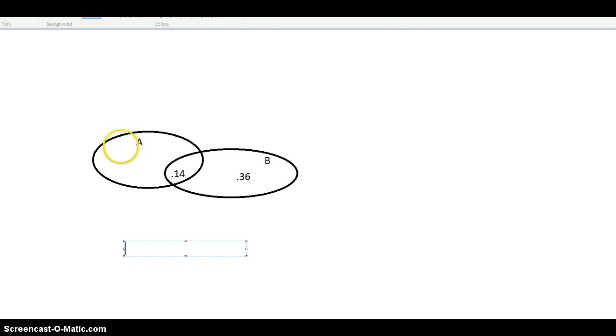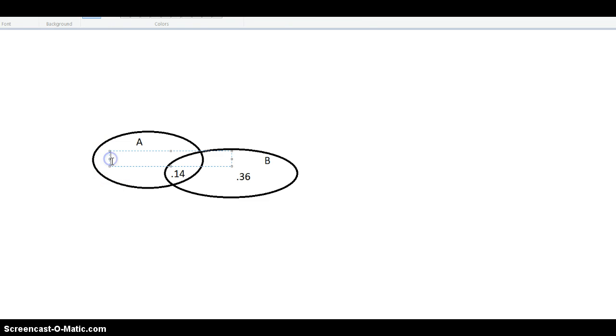This is the left section in A, which is 0.23. So I'm going to put down here 0.23. So we have the probability for these three little sections. Now we're going to use those numbers to do the questions.